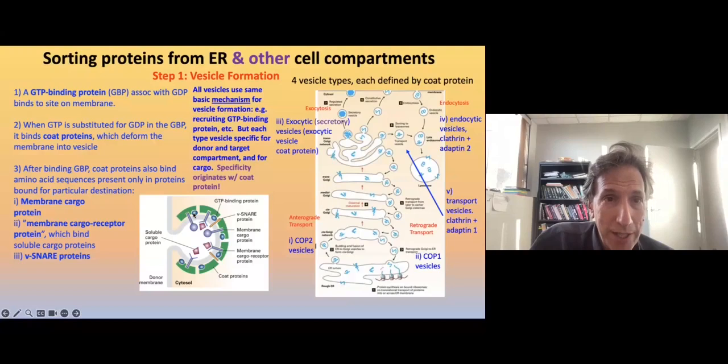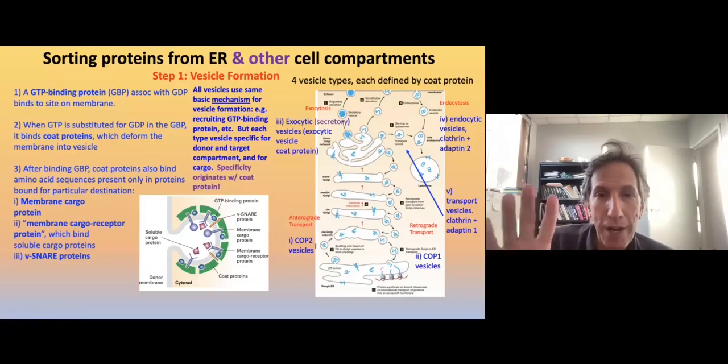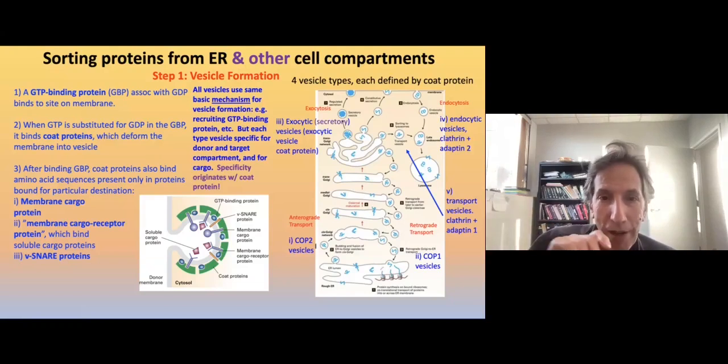It's really once it's in the GTP form that it binds to this second kind of protein, which is a coat protein. Turns out every donor organelle is making its own coat proteins, or with some variant membranes in them.